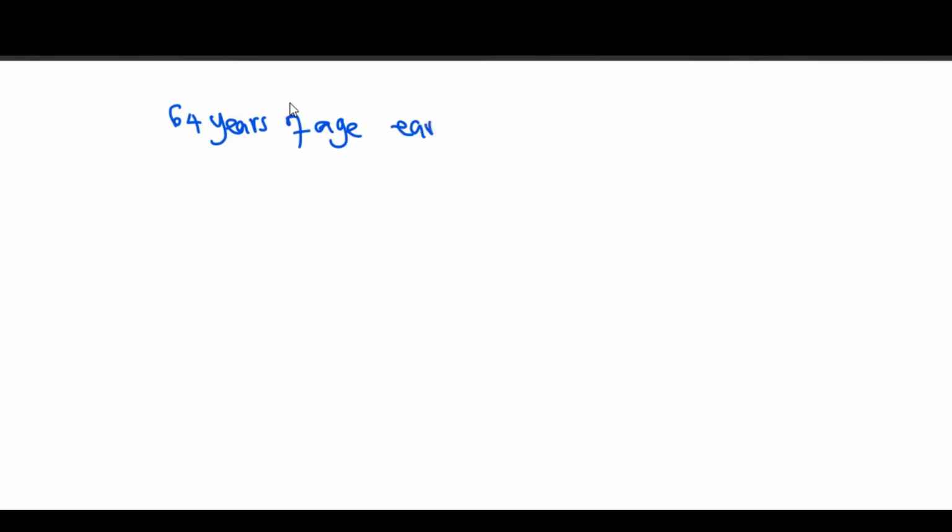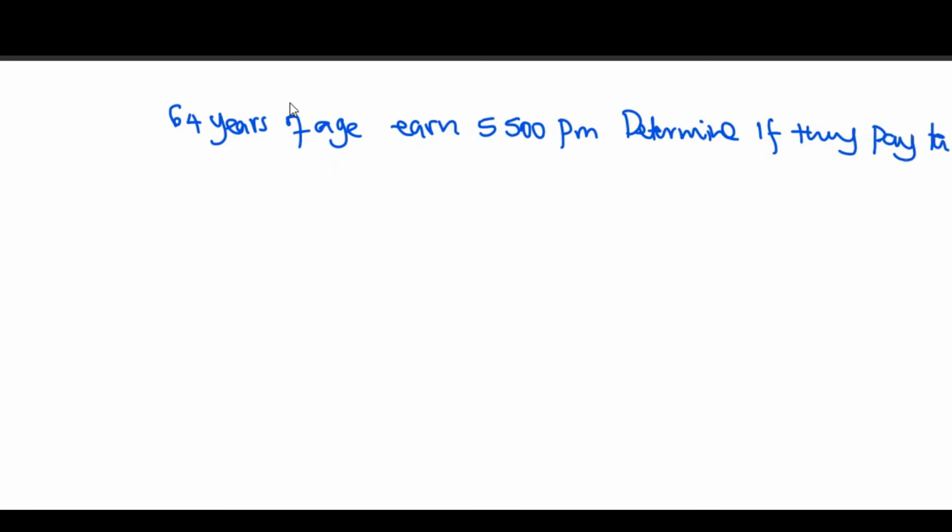They earn, let's say, 5,500 per month. We need to determine if they pay tax. First and foremost, the person is 64 years of age, keep it aside.